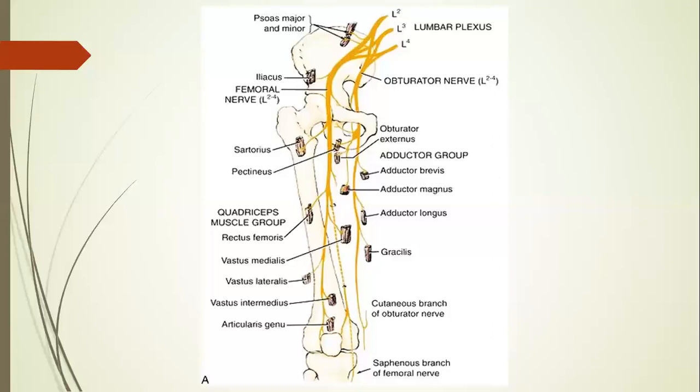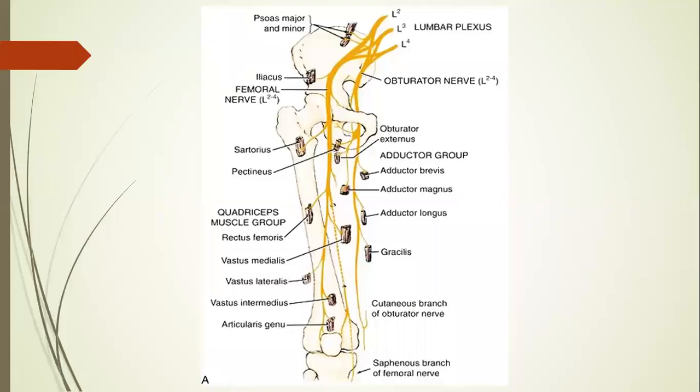Mainly in the limbs, the groups of muscles are just two, the flexor and the extensor. The flexor muscles are always supplied by the anterior deviations of the plexus, whether in the upper limb or in the lower limb, whereas the posterior deviations supply only the extensor muscles.